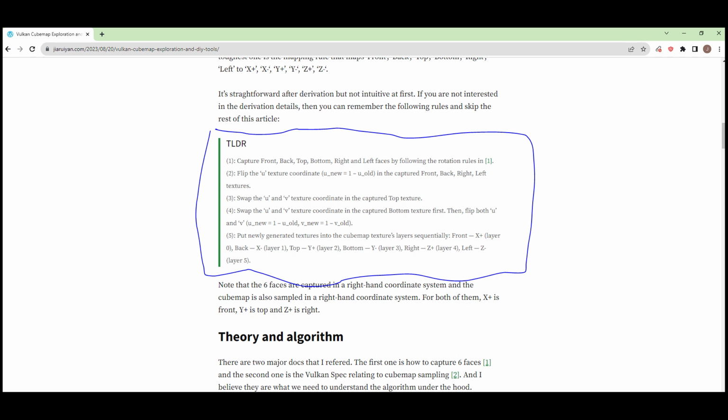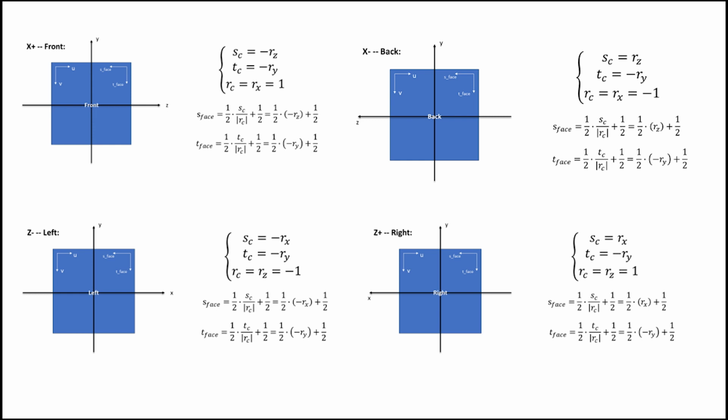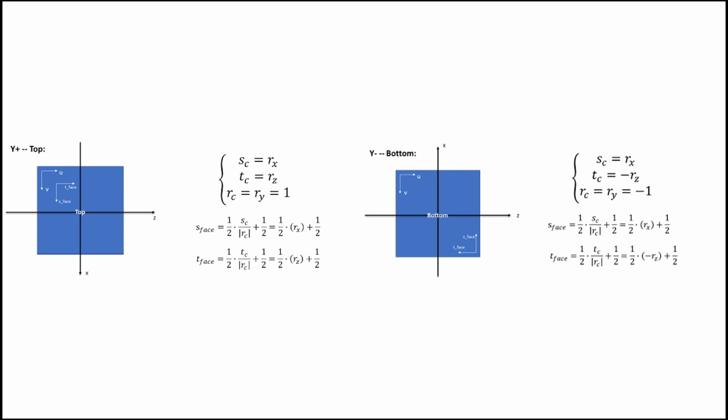First, of course, we need to capture 6 faces, as we have mentioned at the beginning. Second, we need to flip the U for the front, back, left, and right textures. As for the top face, we need to swap its U and V coordinate.